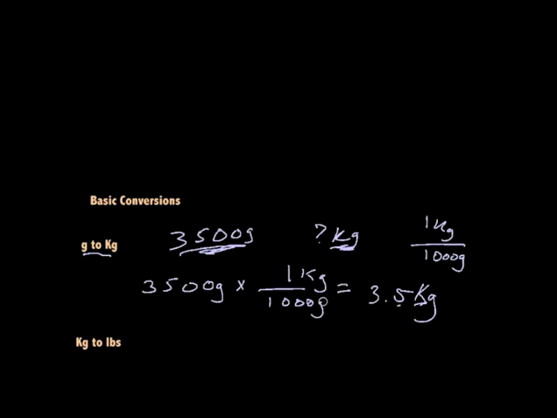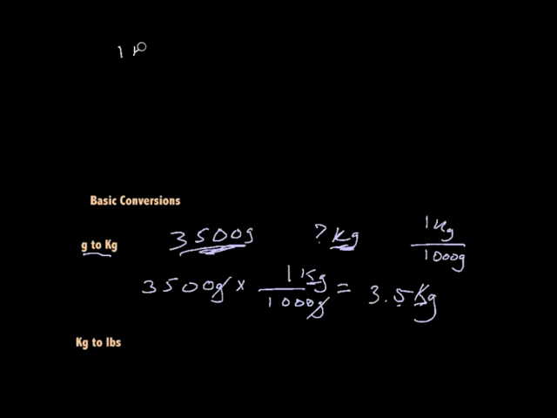Either way's fine. If you look at the way I did it, grams cancels out here, grams cancels out there, I'm left with kilograms. The beauty of dimensional analysis is that it really doesn't matter what order you put your steps in, just as long as everything cancels out and you end with the desired unit that you were looking for. So I could have set this problem up this way.